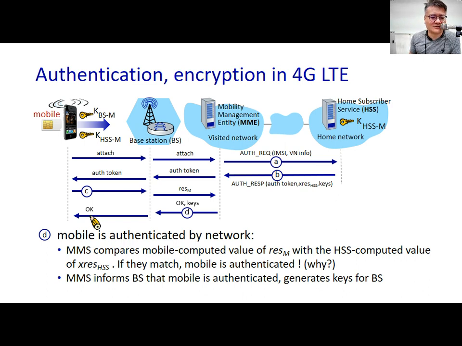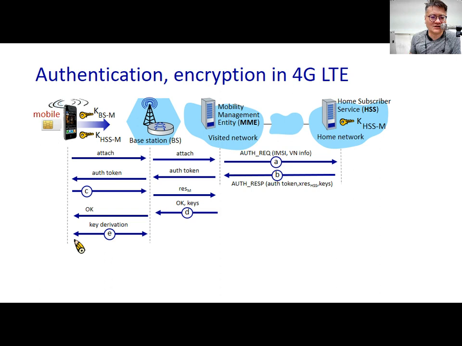The MME compares the value computed by the mobile, the response of the mobile, with the value computed by the HSS. If they match, the mobile authentication is correct. The MME informs the base station that the mobile is authenticated and generates the key for the base station.